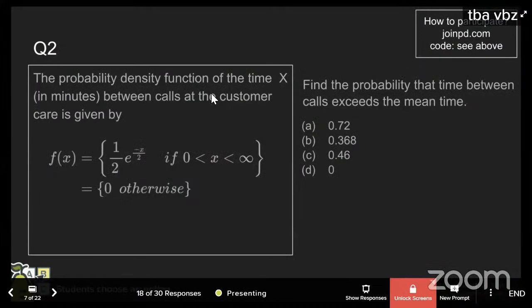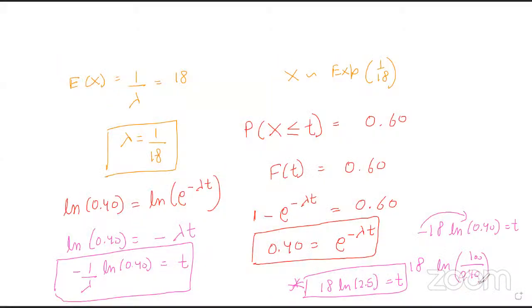So you were able to identify that it was an exponential distribution, right? That's the first thing we did from the question. So we know that our random variable follows an exponential distribution with parameter 1 by 2. What do we need to find in this question?